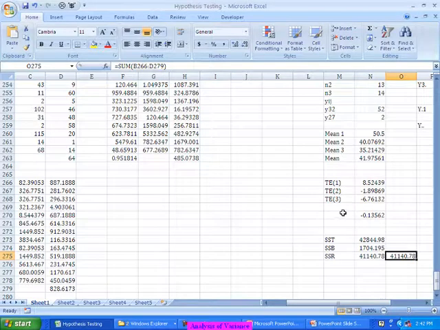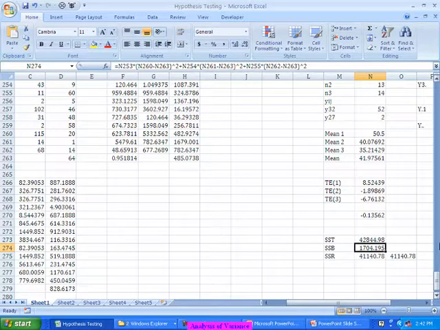So this is the total sum of squares. This is the sum of squares between the treatments, and this is the sum of squares residual, or within each of the treatments, typically 41,140.